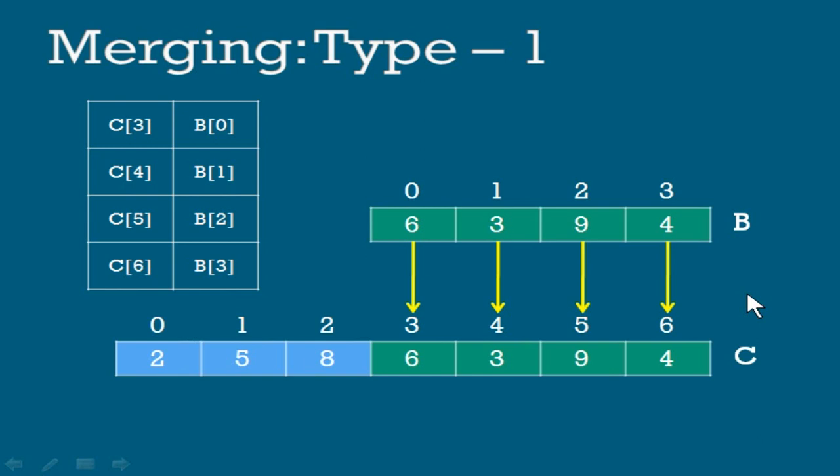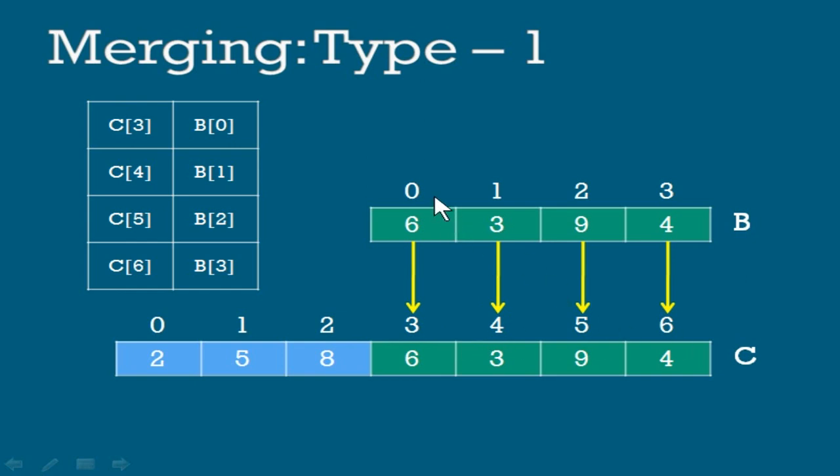Now we are going to add the B array to the remaining boxes of the C array. You can notice here C of 3 will have B of 0, C of 4 will have B of 1, C of 5 will have B of 2 and C of 6 will have B of 3, because the first three positions are already occupied by A. The position values of B are 0, 1, 2 and 3, and the remaining positions in the C array are 3, 4, 5 and 6.